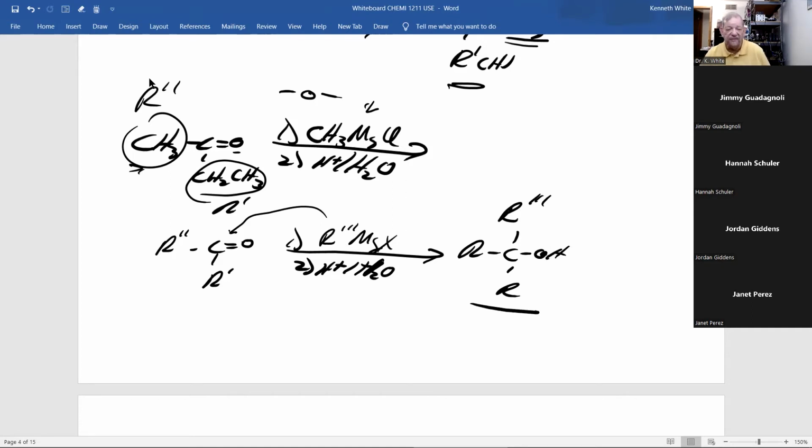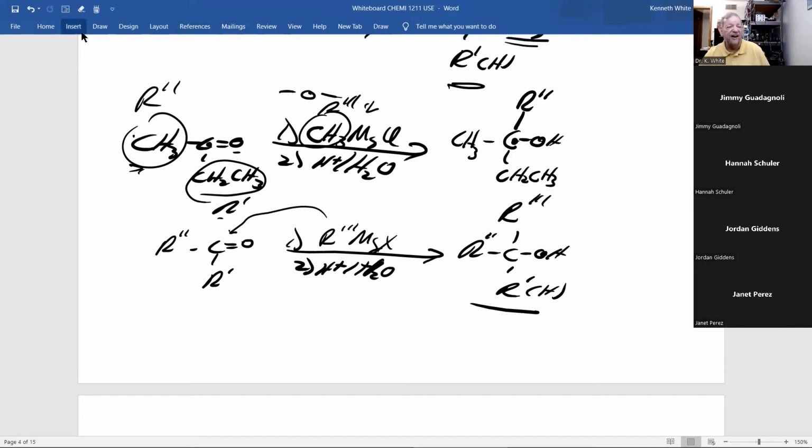So if I look here, this is our prime, this is our double prime, and this is our triple prime. Keep your eye on the carbonyl carbon. That's where the fun is. What's attached to it, R prime. Could have been a hydrogen, R double prime, OH, and directly bonded to this carbon here is the R group from my Grignard.